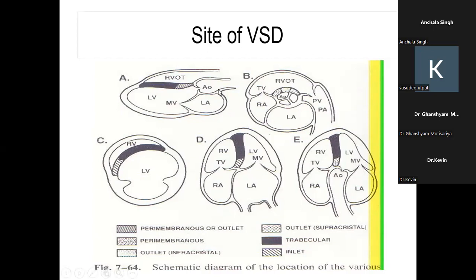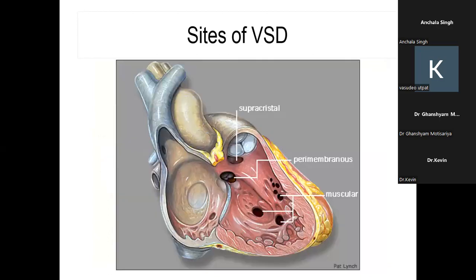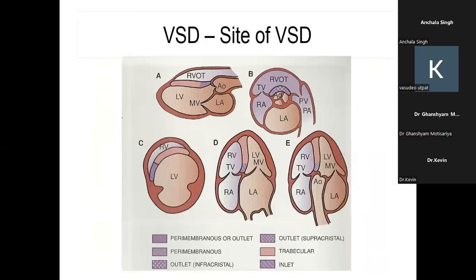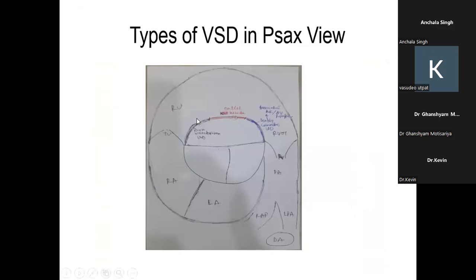So this is how we remember this classification even in 2022, though it was described in 1980. I've made a diagram over here by myself. In the short axis view, look at this perimembranous, this muscular, and this doubly committed or subpulmonic VSD.